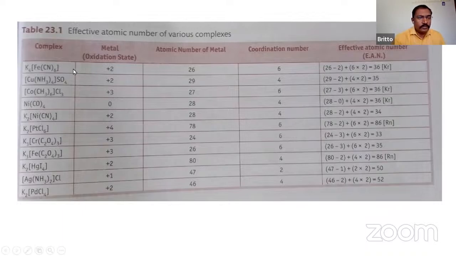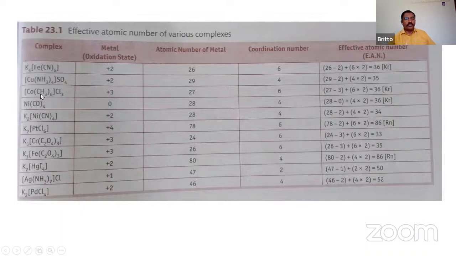Now look at copper 2 plus here. Copper forms the +2 oxidation state: 29 minus 2 is 27, plus 8, okay, 35. It can have only 35 electrons.